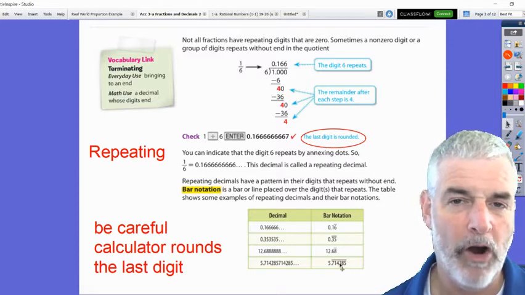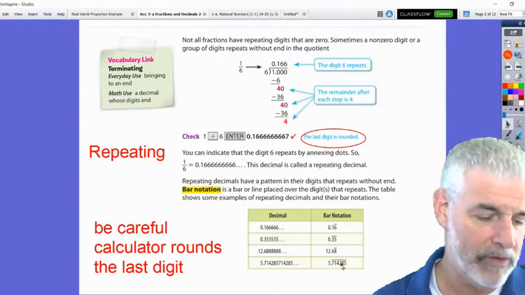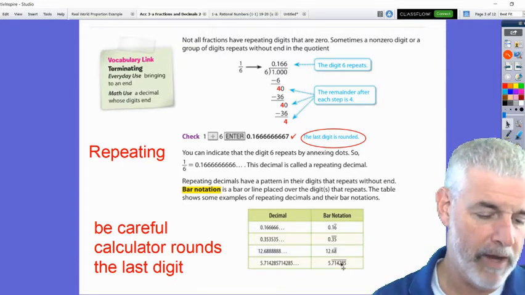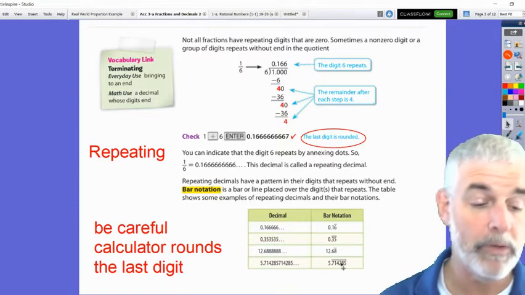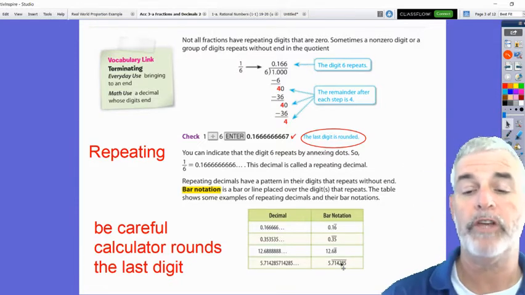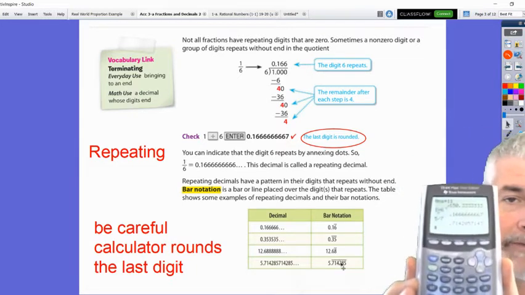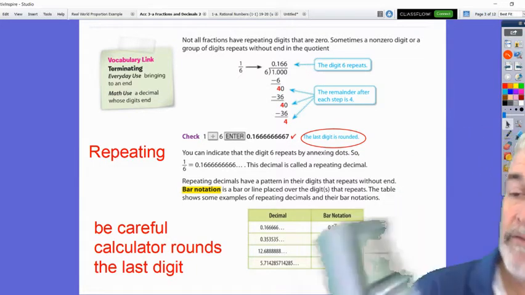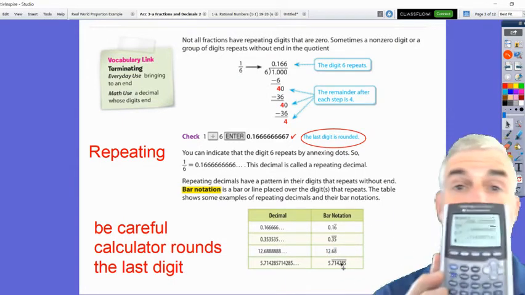So it's kind of hard to see for this one. Let's see. I don't know what that is. It's probably 5/7. Let's see. 5 divided by 7 is, nope, I was on one. Yeah, 714285. So you'll see on the calculator here that it says 0.7142857143. Oh man, there's an extra digit there.